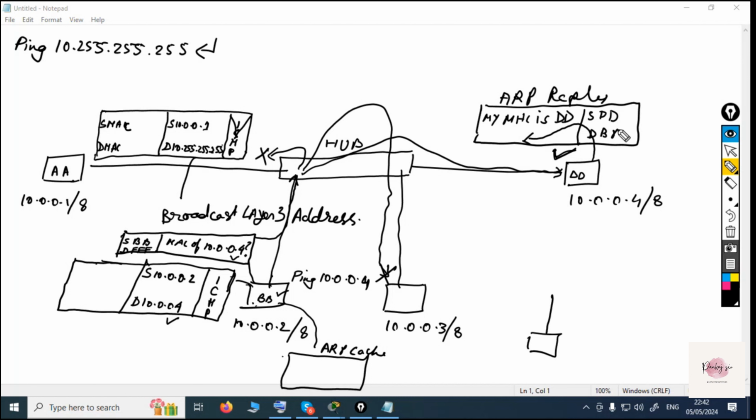This reply will go and reach this PC, and then this PC will write the destination MAC as DD and the source MAC as its own MAC address, that is BB, and then it will send this real data to this hub, and the hub will finally again broadcast it.